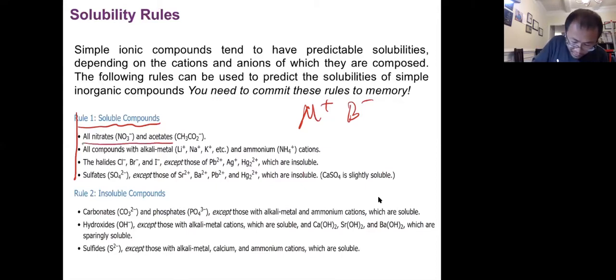If your ionic compound contains nitrate, acetate, lithium, sodium, potassium, or ammonium, that's six. Look: nitrate, acetate, lithium, sodium, potassium.